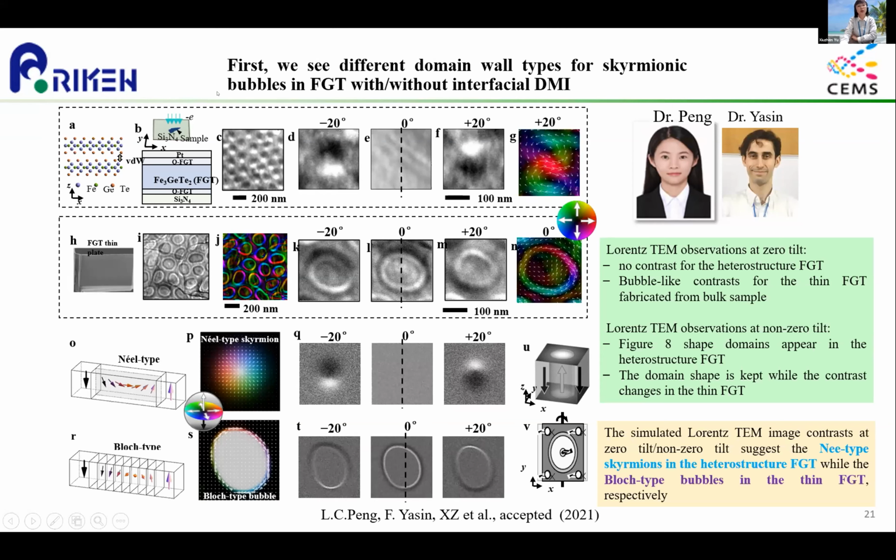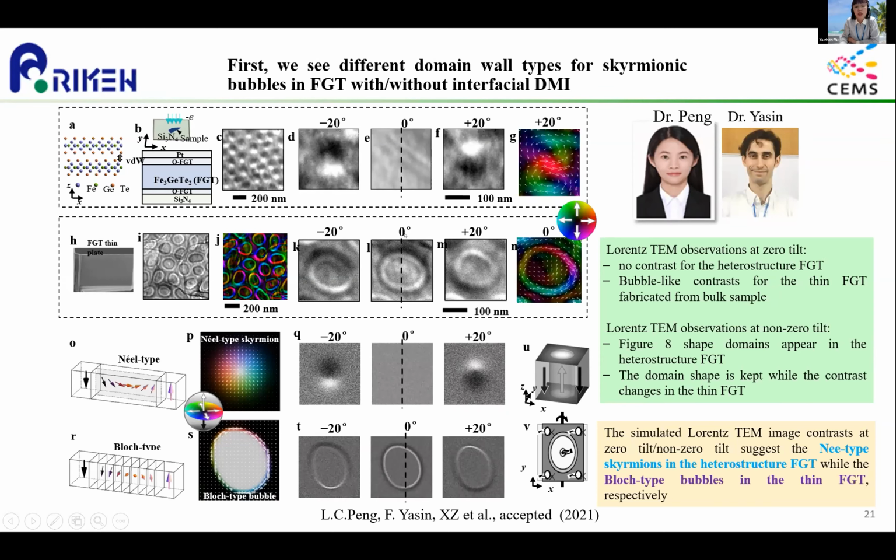We chose two materials. One is a heterostructure of FGT with a capping layer of platinum and also oxidized FGT. The other one is pure FGT, just fabricated from the bulk sample. You can clearly see at zero tilt, no contrast in the heterostructure, but a bubble-like domain shows in the pure FGT.